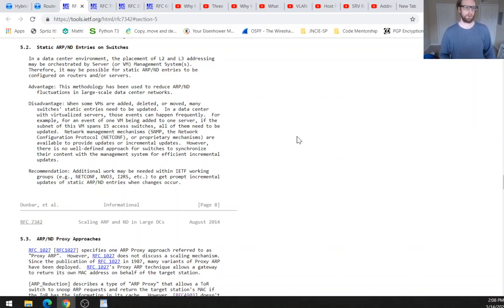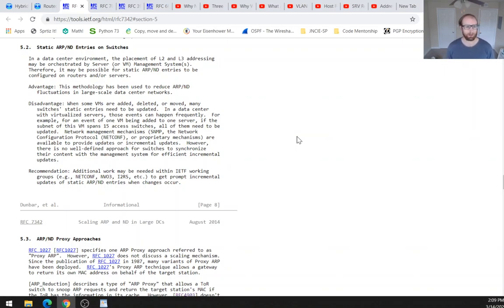For example, for an event of one VM being added to one server, if the subnet of this VM spans 15 access switches, all of them need to be updated. Network management mechanisms, SNMP, the Network Configuration Protocol (NETCONF), or proprietary mechanisms, are available to provide updates or incremental updates.